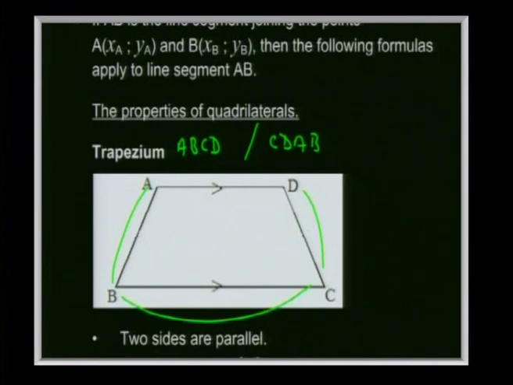Perfectly correct. Or CBAD. Absolutely fine. As long as you go around the perimeter, around the exterior of your quadrilateral, you name the vertices in the order that they arrive in. Just to reiterate, trapezium: one pair of sides are parallel. Finished.